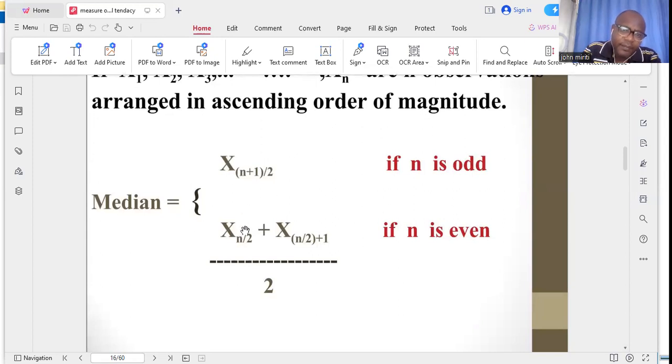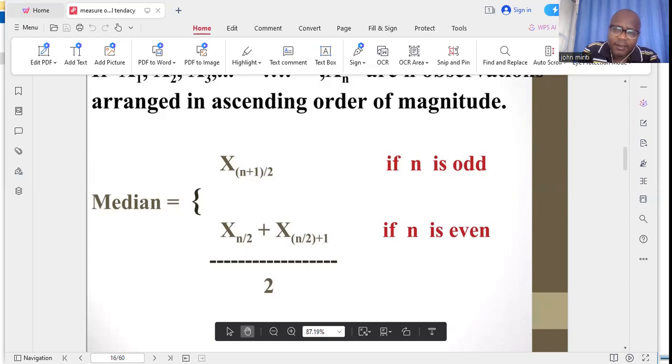For example, if we have data of number 10, the median is the 5th number plus the next, and you get the number at that point.